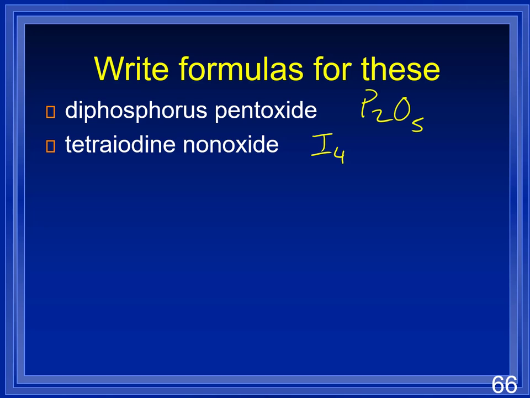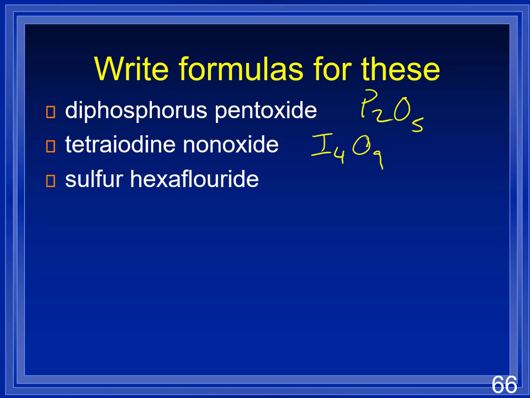No, non is the prefix for 9. Nana. Doesn't mean it's not an oxide, it means it has 9 oxygens. That's why I put it there, because some people are going to think that means not an oxide. If you saw, before today, non-oxide, you would say it's not an oxide, right? That would be your definition of it. But actually it means 9 oxygens.